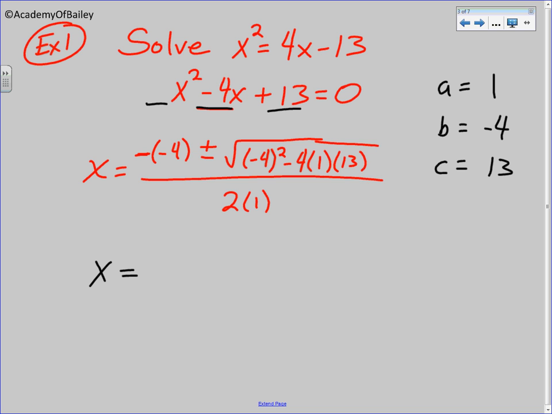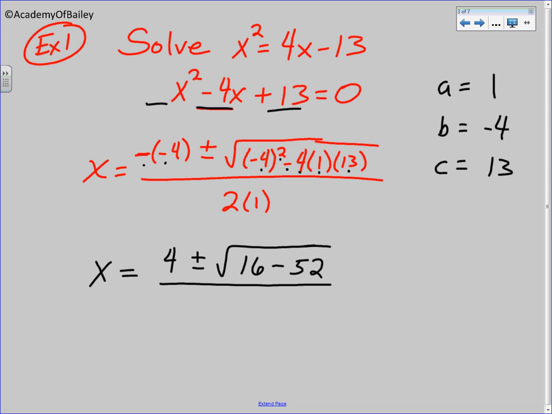If we have -4, that should be a +4. -4 squared, a -4 times -4 should be 16. And 4 times 1 is 4, and then 4 times 13 should be 52. And this minus sign comes down.